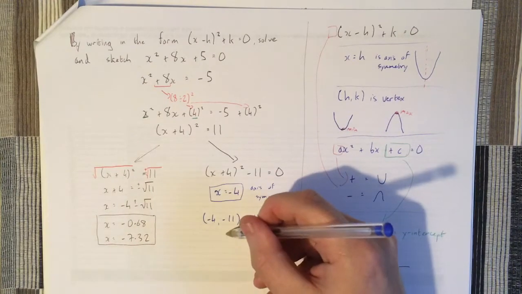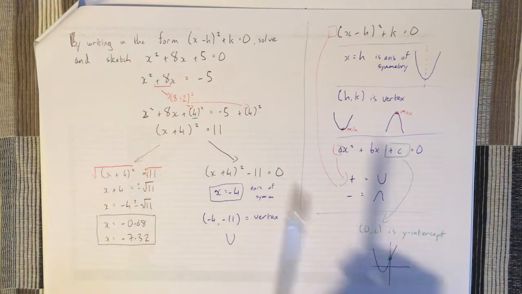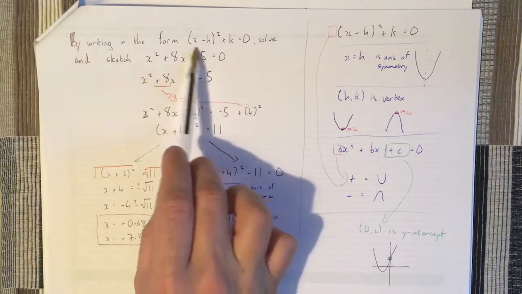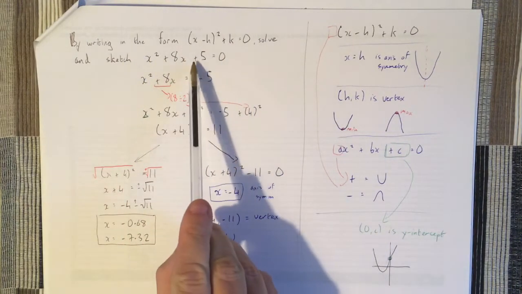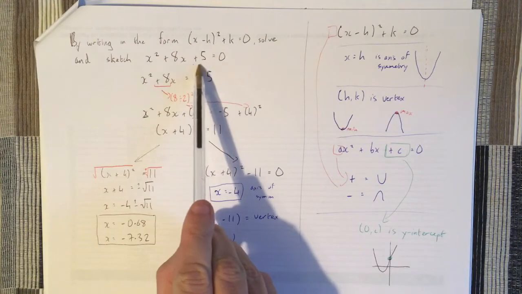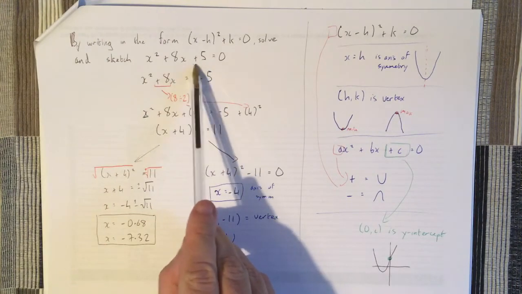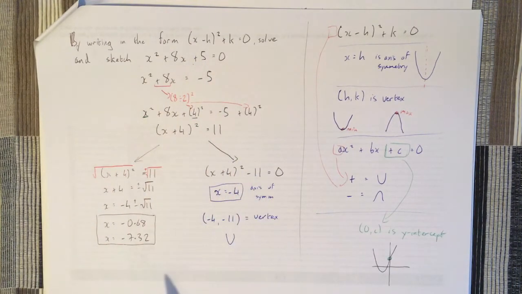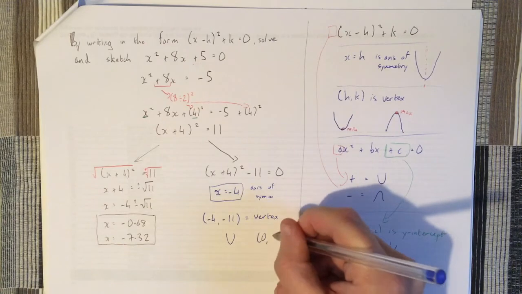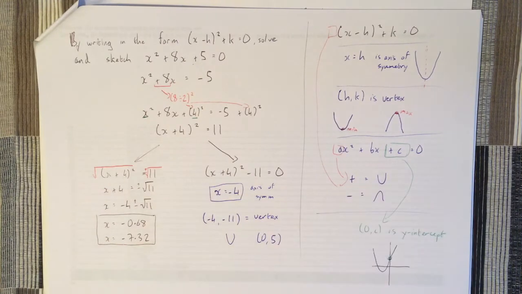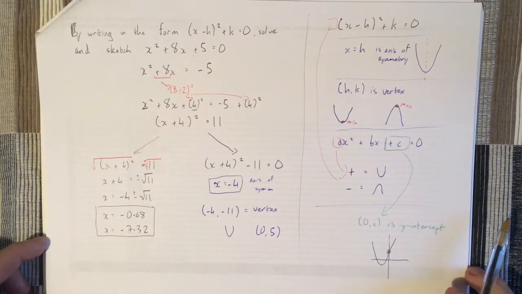So I know that. And then the other thing you can take from the original standard form that this question was given in is that the constant at the end, the plus 5 here, is where it crosses the y-axis. Okay, so 0, 5 is where this crosses the y-axis. So it goes through 0, 5 as well.